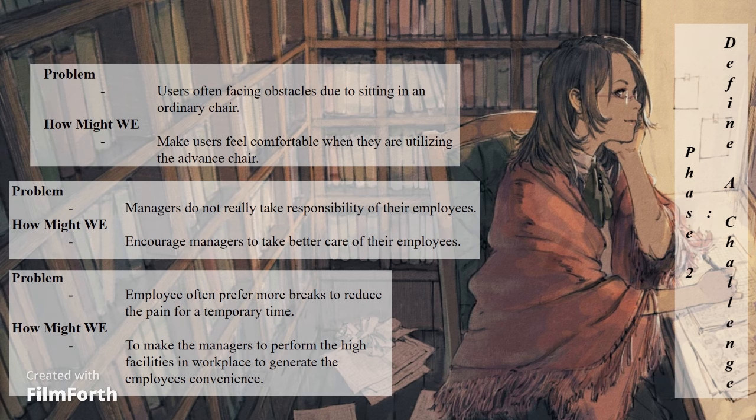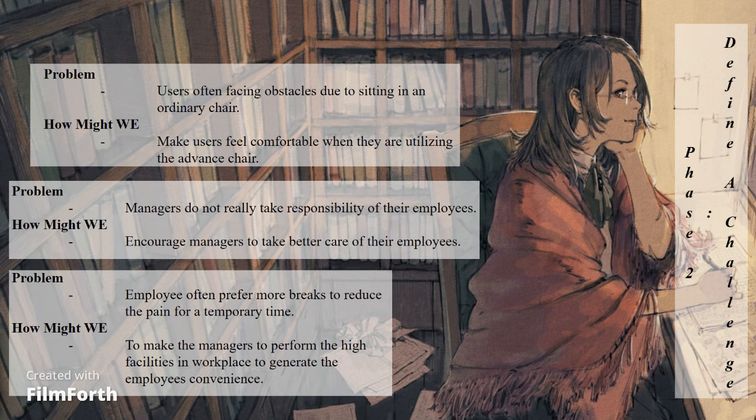The second problem is that managers do not really take responsibility for their employees. The how might we question for this problem could be: how might we encourage managers to take better care of their employees? The problem signifies that managers who give tasks to their employees do not pay much attention to them.